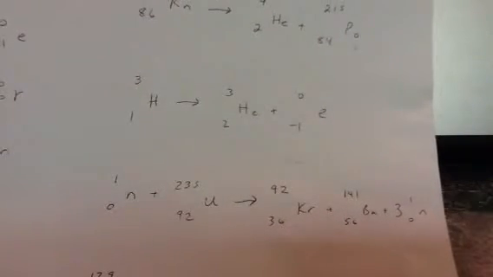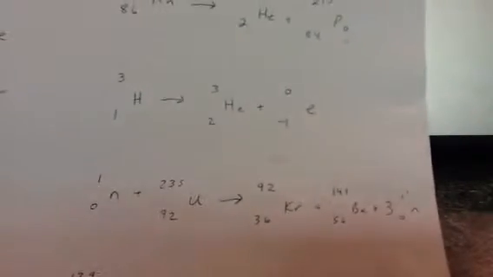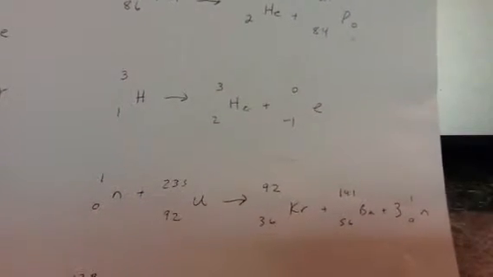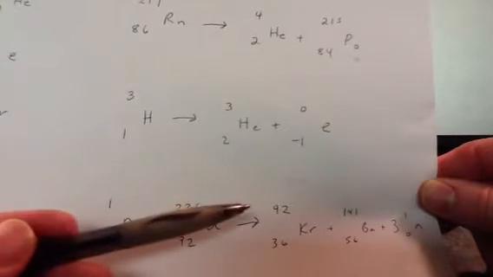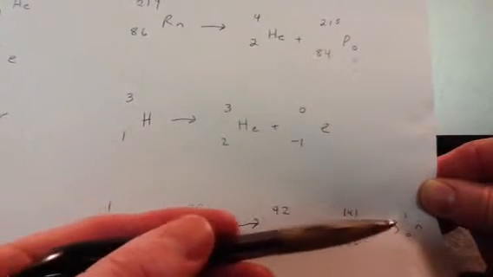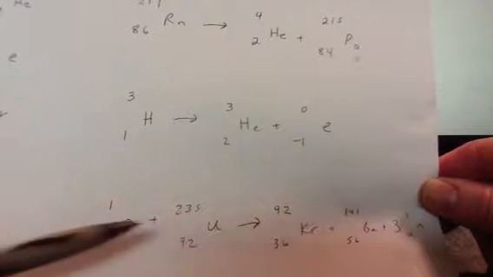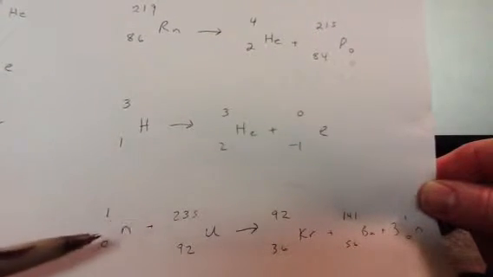The next example I'll give you is 1 over 0 n plus 235 over 92 U equals 92 over 36 Kr plus 141 over 56 Ba plus 3 times 1 over 0 n. So what we have to do is add these up. 92 plus 141 plus 3 times 1 is 3, should equal 236.